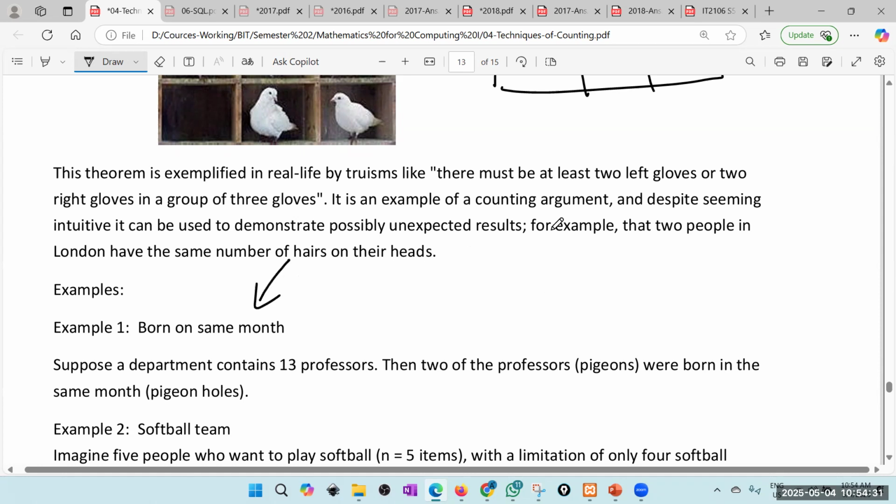For example, let's assume that in this session there are, let's say, 22 students. If I tell you there's a guarantee that 2 of you must be born on the same day, same day in the sense of 1st, 2nd, 3rd, up to 31st.